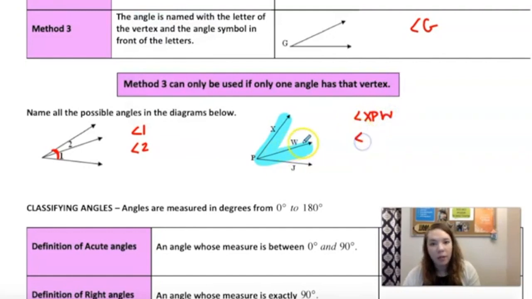We have angle WPJ. And then we also have the largest angle, XPJ. Okay, all three of those. And this is a good example of why we can't use method 3, because angle P could be any of those three. It's not clear enough.